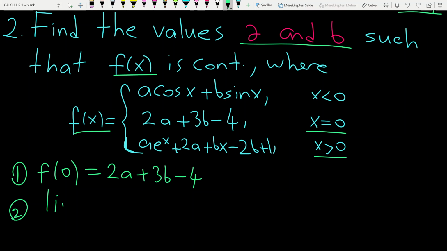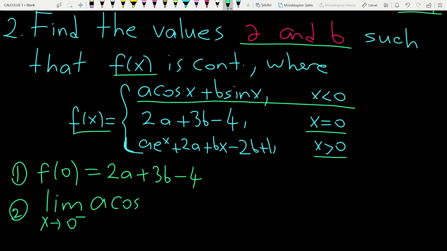limit when x tends to 0 from left, the function is a cosine x plus b sine x. Okay, let's plug the value 0 here.